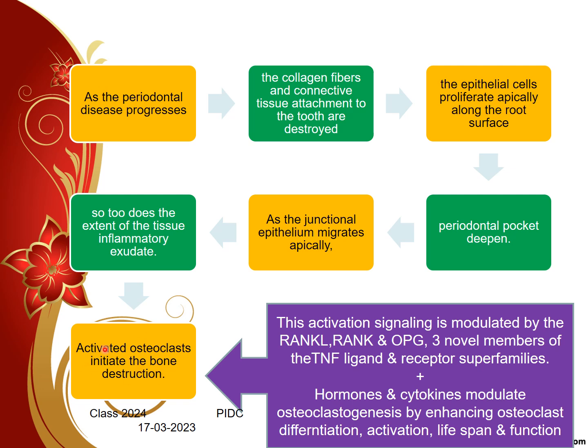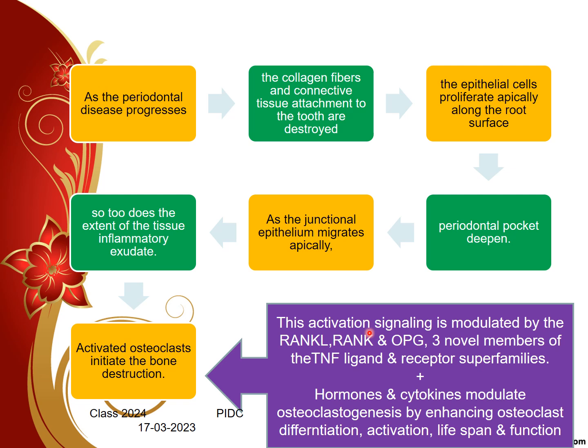So this activation of osteoclast is mediated by two main categories. One is the activation of RANKL, RANK, and OPG, which are the three novel members of the TNF ligand and receptor superfamilies. RANKL is otherwise known as the receptor activator of nuclear factor kappa-B ligand. These are all bigger terms which you will learn only if you do PG in perio.